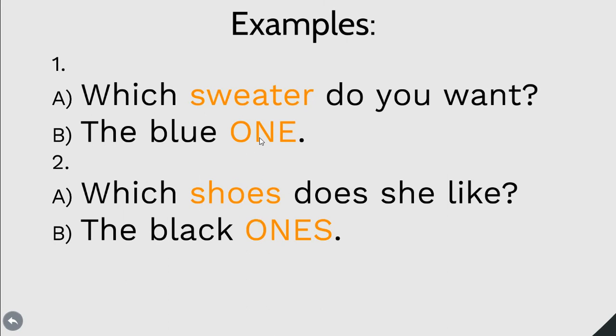The use of one and ones is because we need to avoid the repetition in the dialogues, in the questions, in the sentences that we create in English. That's why we have to employ these words when we answer a question with which.